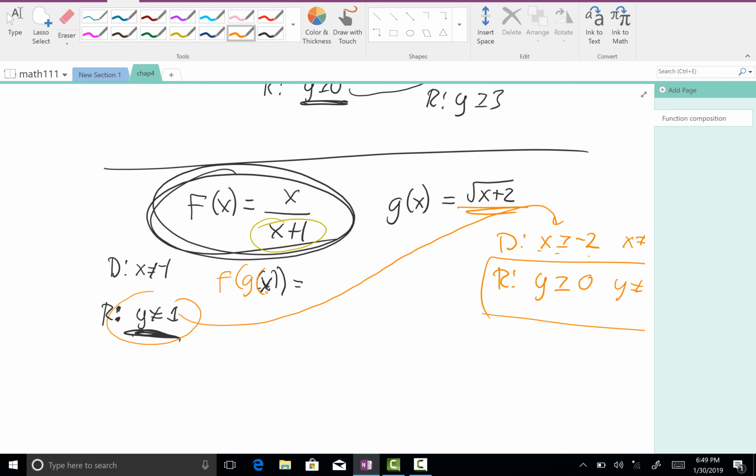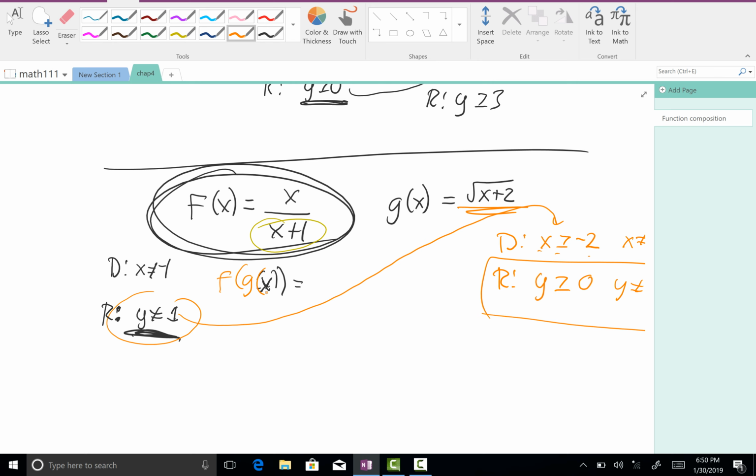And again, that's just a restriction on the domain, which is what we're trying to show you. But that's what function composition is. The only really tricky part is the domain and range thing. They ask you for that. Otherwise, you just substitute one into the other, and it works out pretty well.